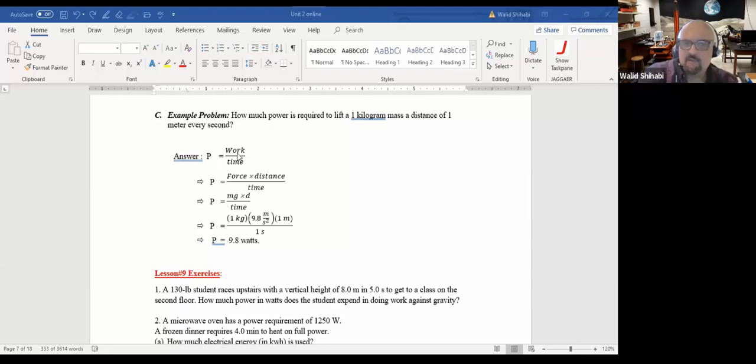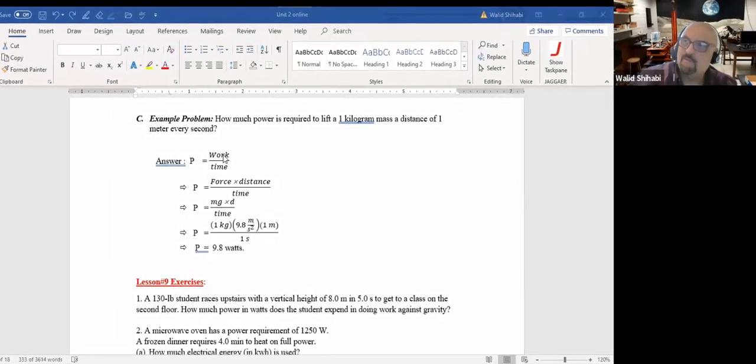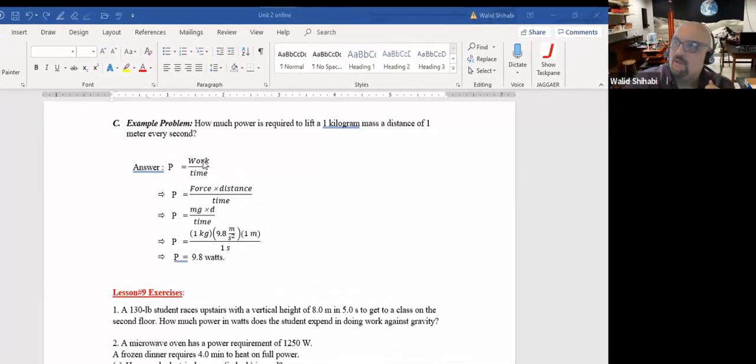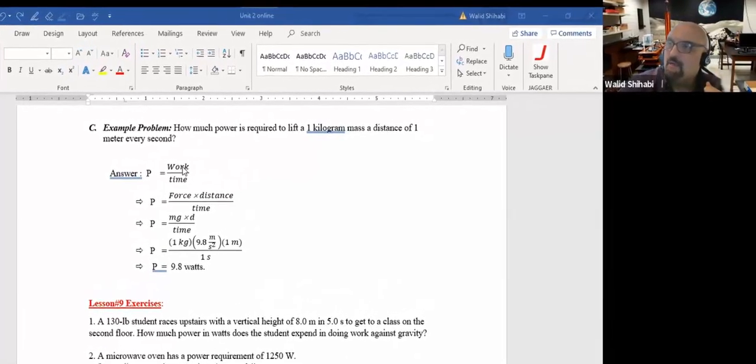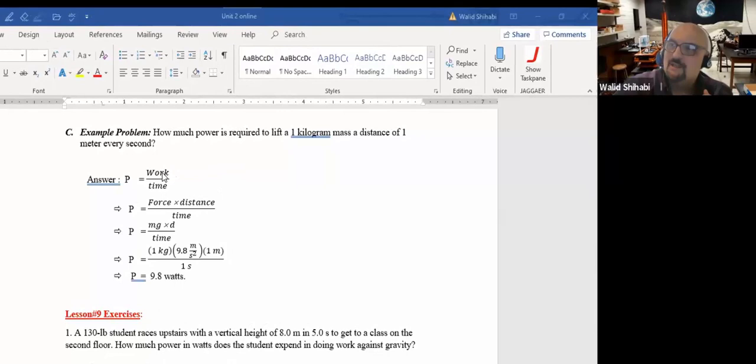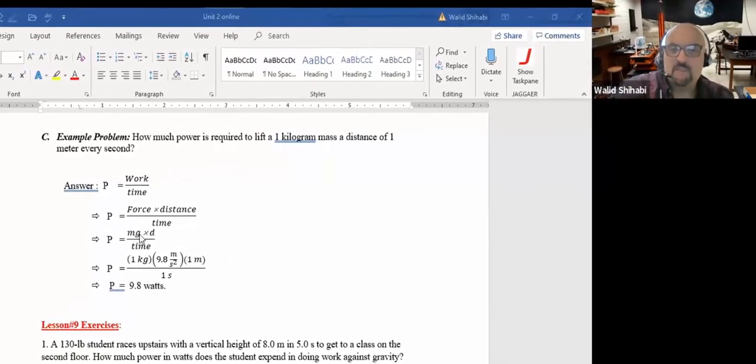Notice you are asked to find the power, but to find the power you need to find the work first. And to find the work, you have to find the force first. So although you're asked to find the power, there are 2 steps before it. You have to start with the force.